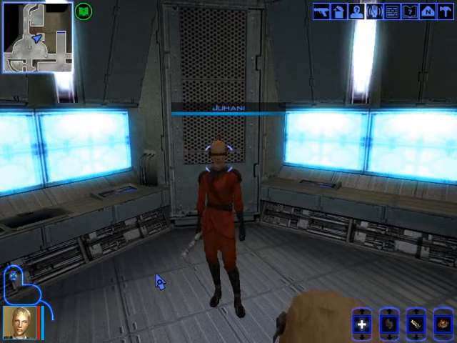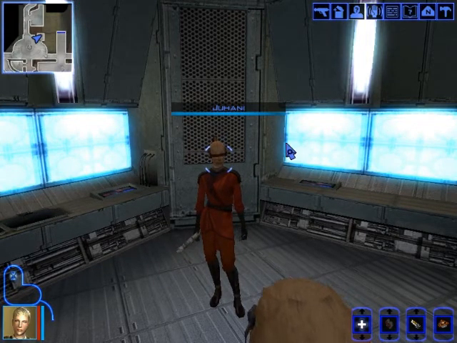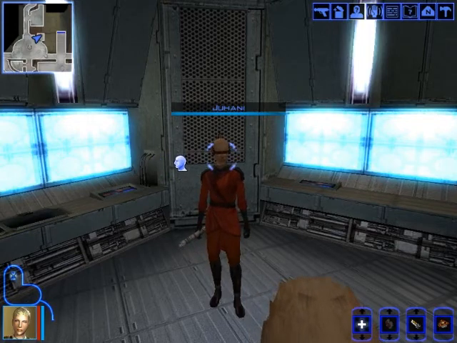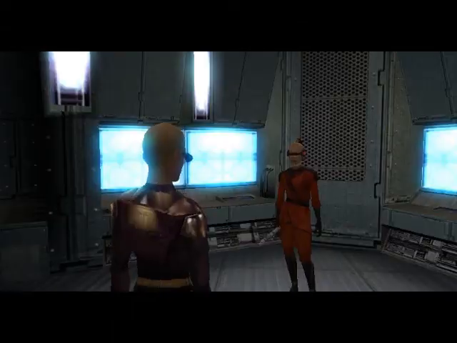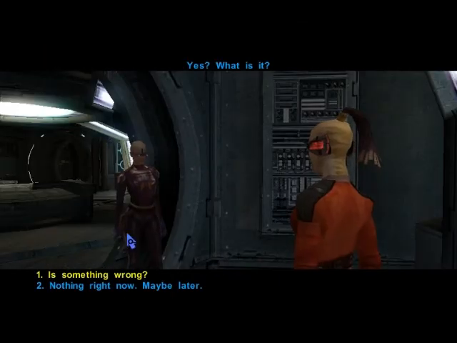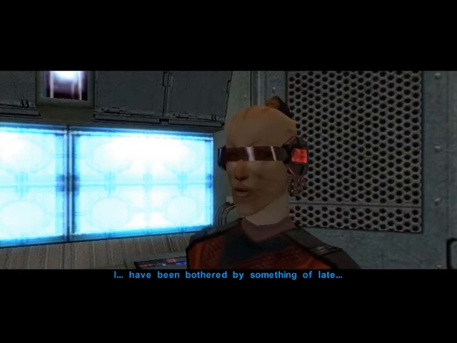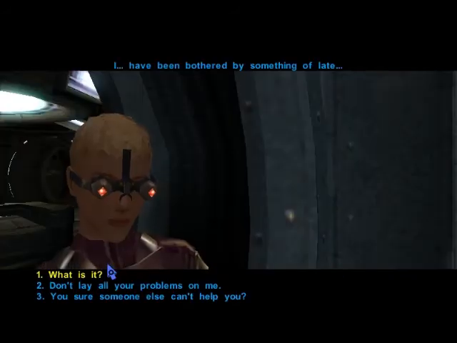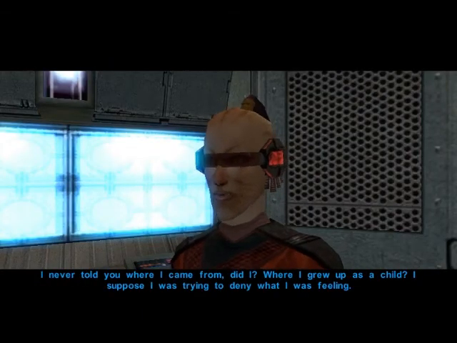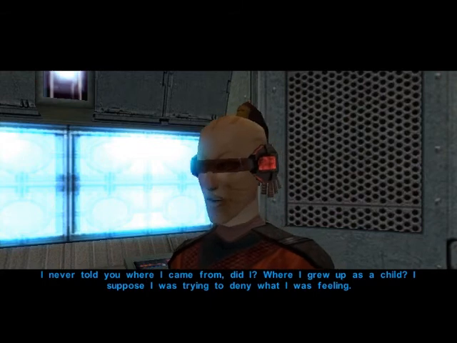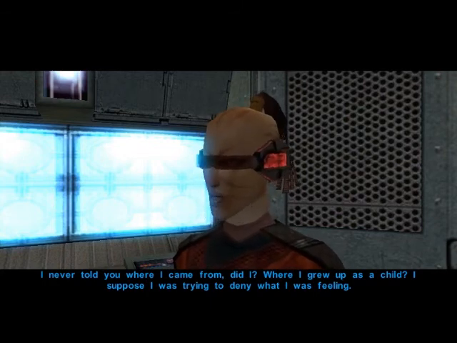I would argue that bottling anger up and suppressing it is worse than having the occasional outburst and realizing that it's wrong. Do you have anything else to say? Yes. What is it? Is something wrong? I have been bothered by something of late. And what is that? I never told you where I came from, did I? Where I grew up as a child? I suppose I was trying to deny what I was feeling.